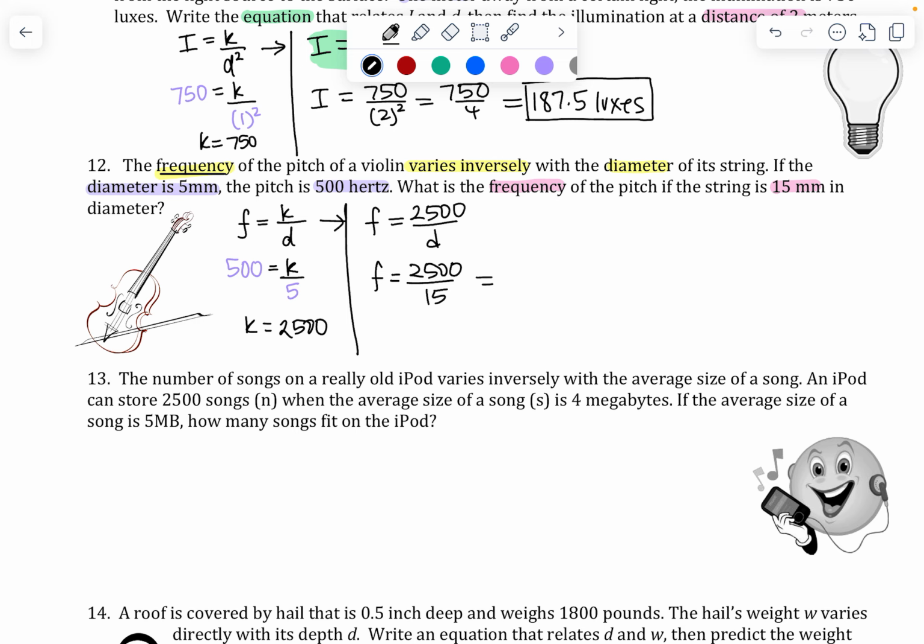We get 166, and it's 0.6 repeating, and so we'll just do 166.67. And then frequency is measured in hertz.